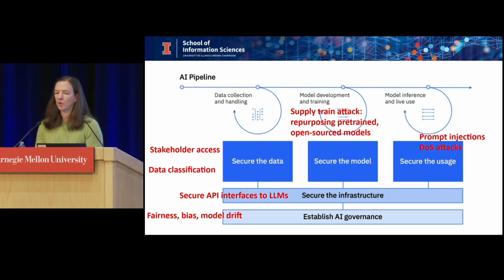They're riddled with vulnerabilities and bugs, and people just don't have time to look through them. So that's a supply chain attack. For usage, think of prompt injection attacks. DoS attacks are sometimes just a lot easier for taking it down. But you go that layer down, and what does it mean to secure this whole infrastructure? It's very similar to what we think of in traditional security.